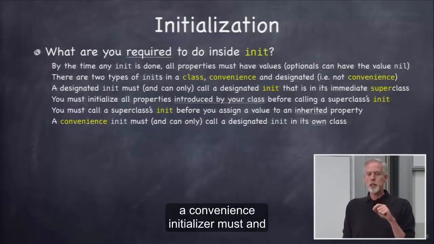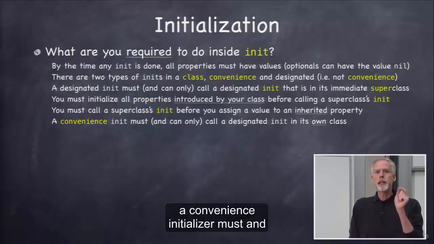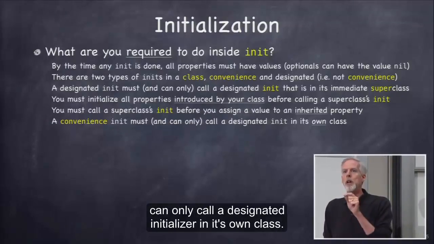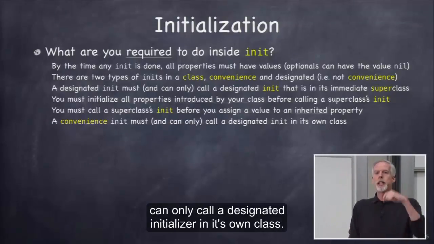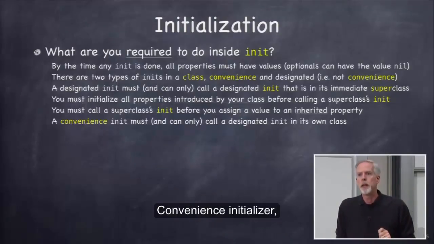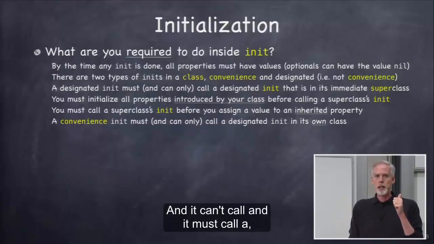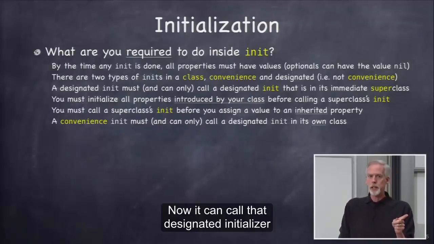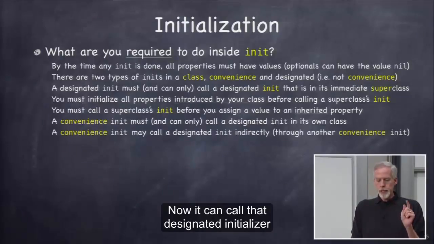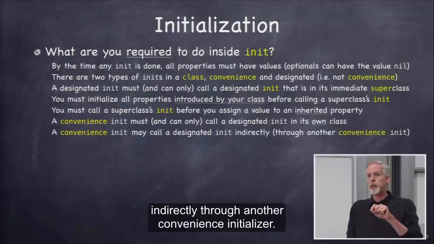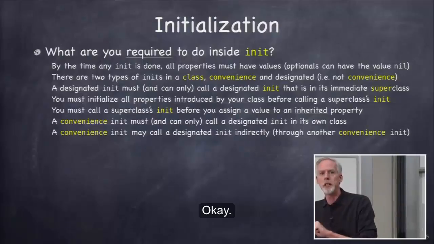First of all, a convenience initializer must and can only call a designated initializer in its own class. A convenience initializer cannot call super init of any kind, and it must call a designated initializer. Now, it can call that designated initializer indirectly through another convenience initializer.